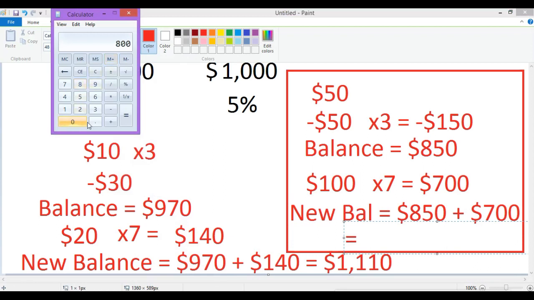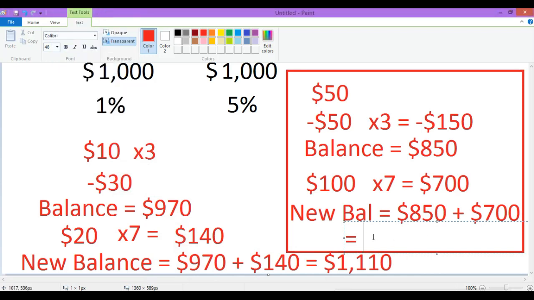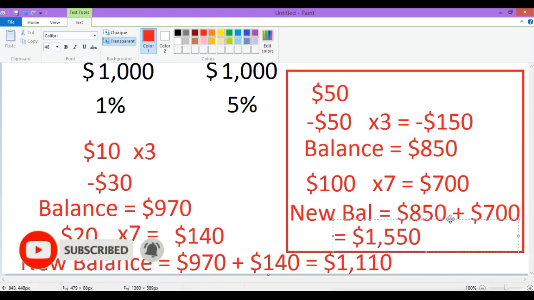So we have 800 plus 750 equals 1,550. So now he has a balance of $1,550 from risking 5% of his account.